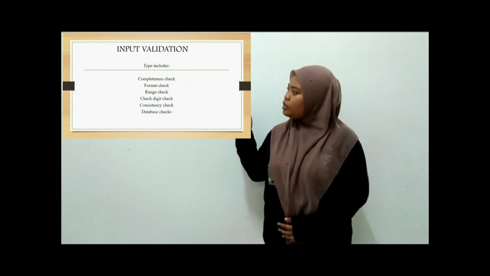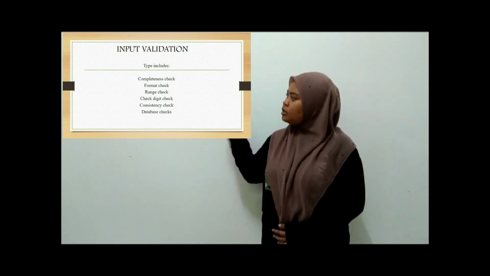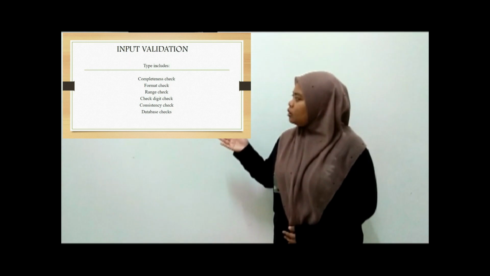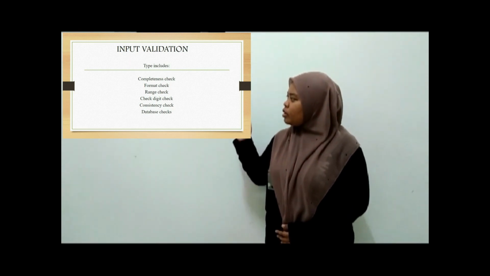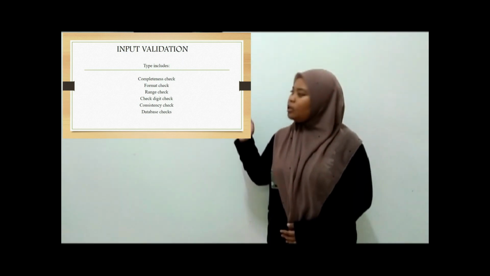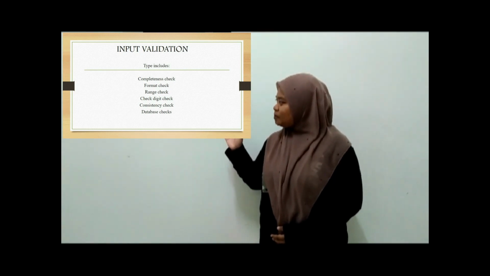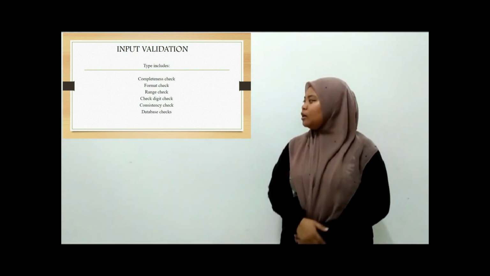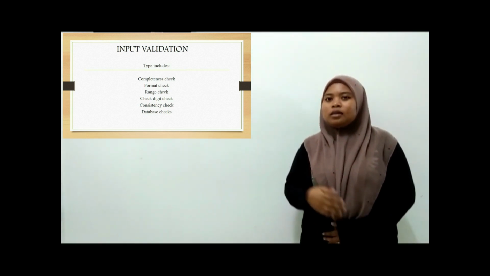Fourth, check digit. A check digit is a form of redundancy check, used on numbers such as bank account numbers, which are used in applications where they will at least sometimes be input manually. Fifth is a consistency check.